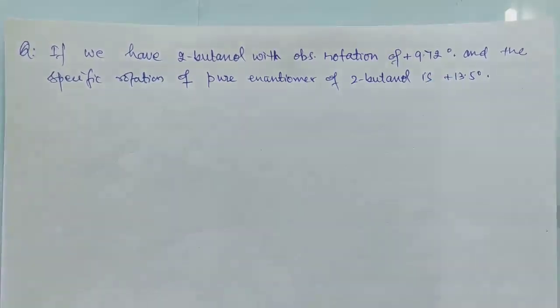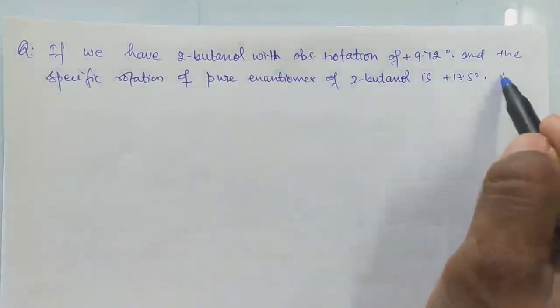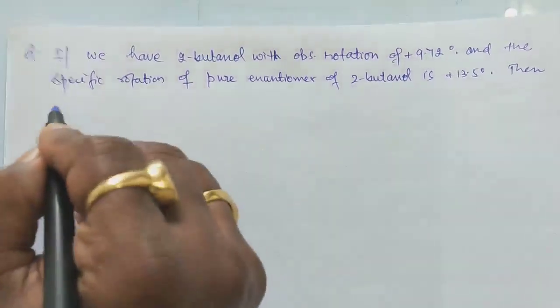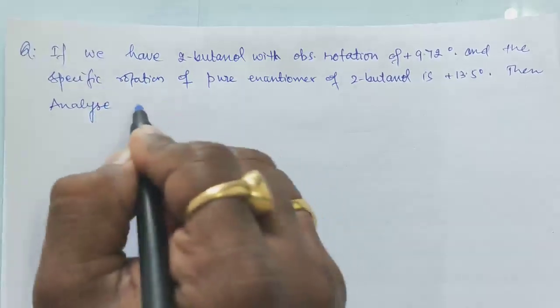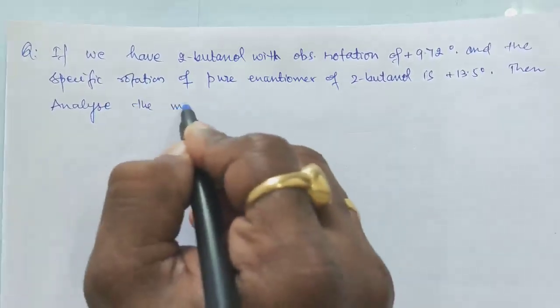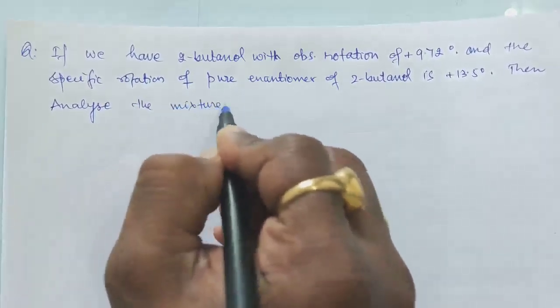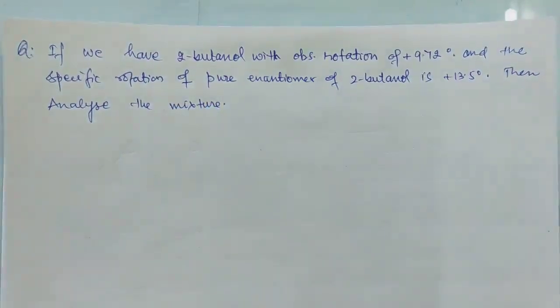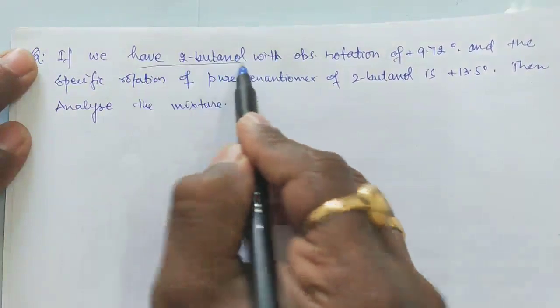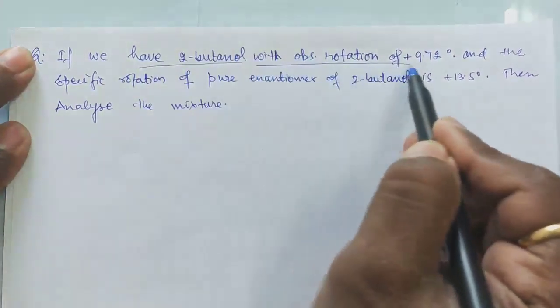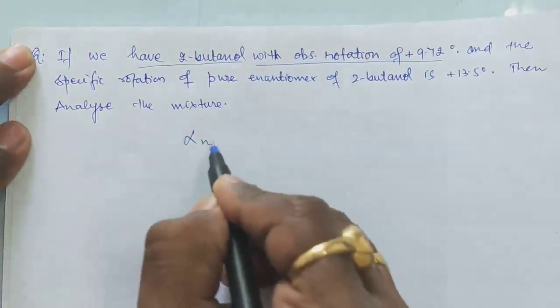Then analyze the mixture. See, this is the question. So we have 2-butanol with observed rotation. Observed rotation means this is alpha net.